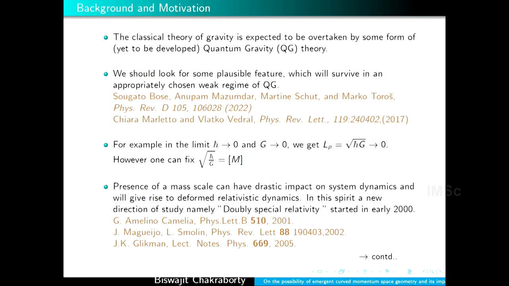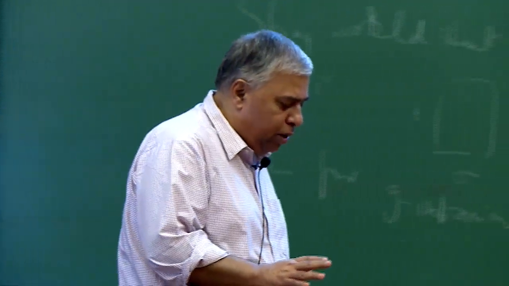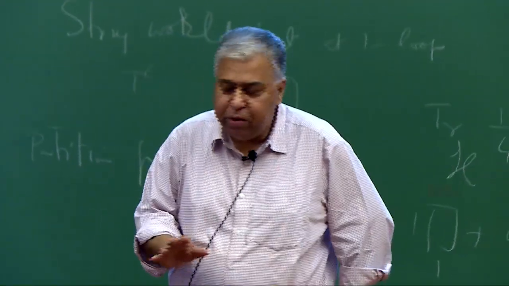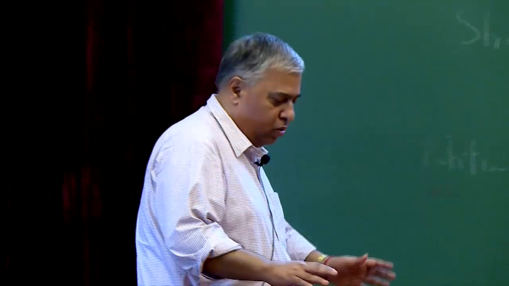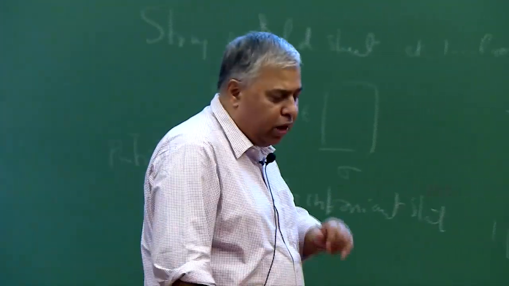let me give you a brief history before I go through the slides. It is almost 10 or 12 years that this idea of curved momentum space has been floating in the literature, particularly a group of people like Glikman and his collaborators, and Smolin, are working on it.